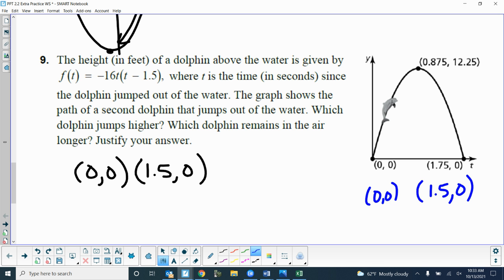This is a picture of the second one. This is number 2. This is number 1. So it's the second one, right? And then, how do I find this point? I got to find halfway between, right? What's half of 1.5? 0.75. So I plug 0.75 in.